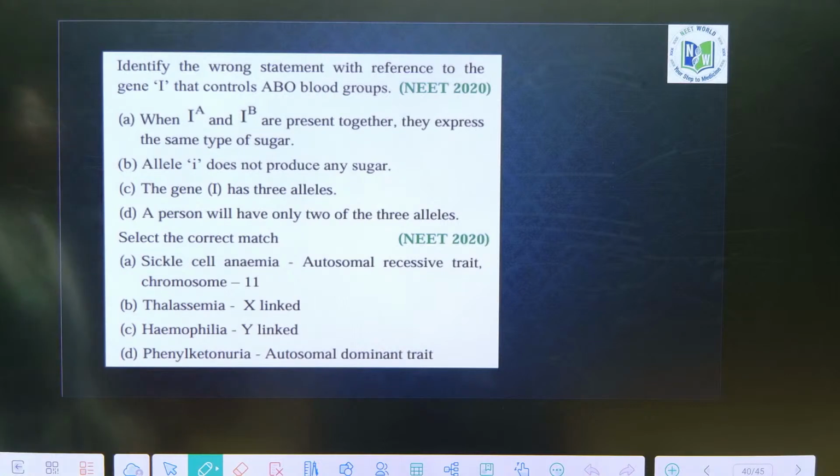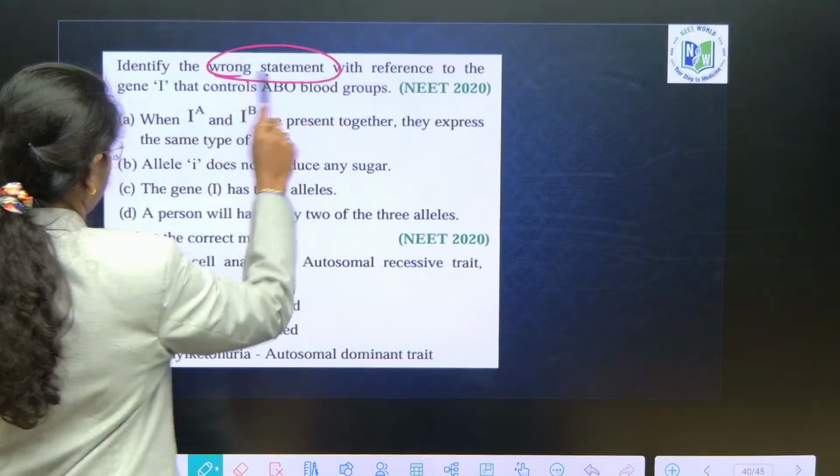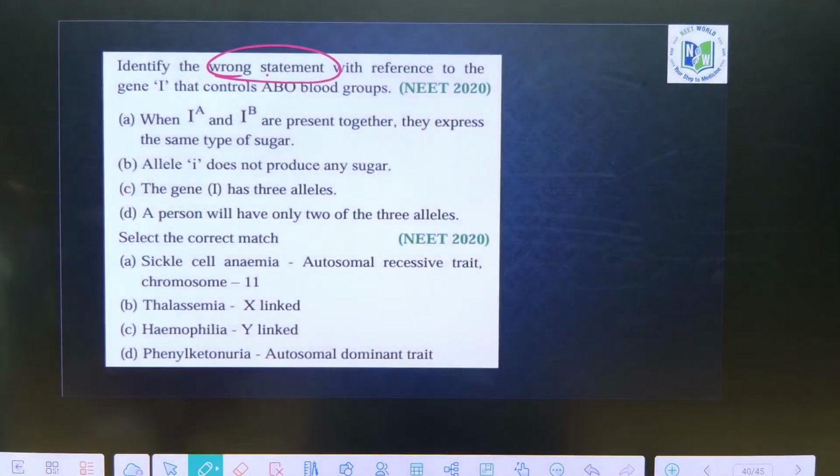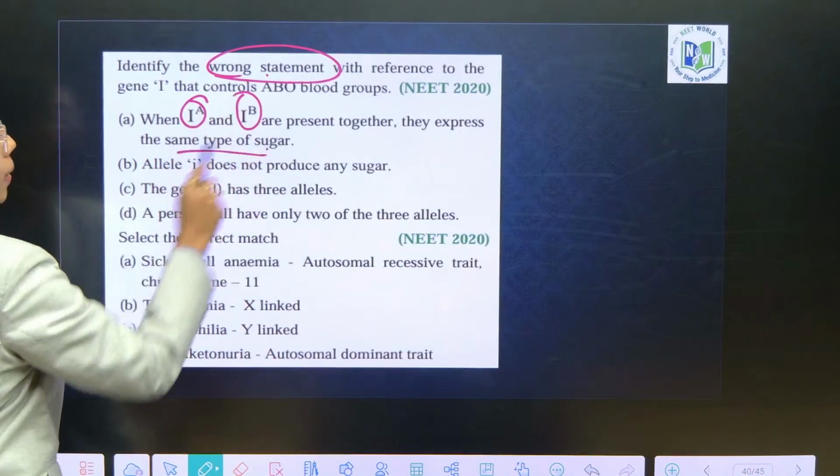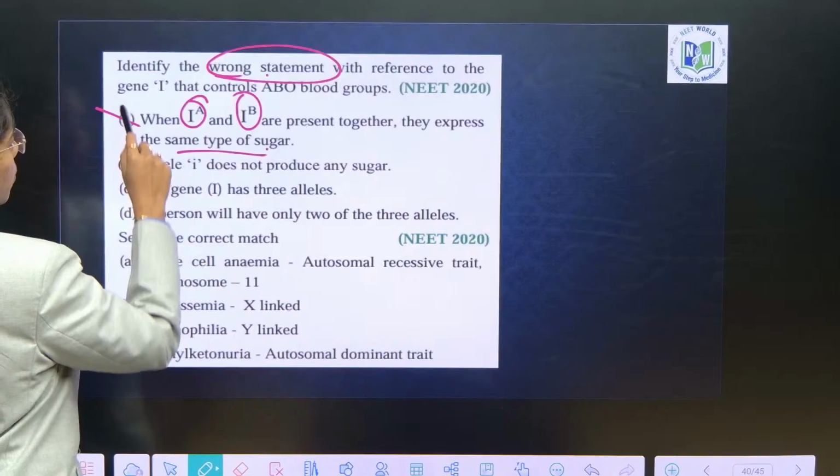Identify the wrong statement with reference to gene I that controls ABO blood grouping. Yeah, wrong statement. No. How come IA and IB will produce the same sugar, man? This is wrong.